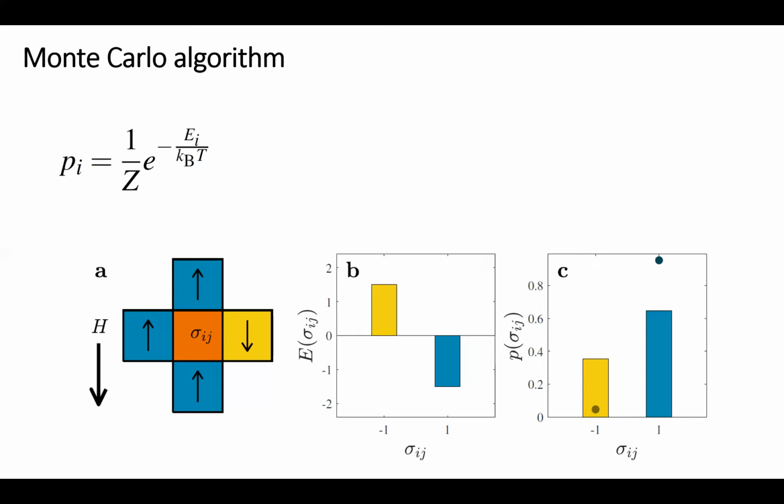So this can be calculated using this formula. Because I only have 2 states here, E minus and E plus, since it can either point up or down, my partition function, which takes care of the normalization, will take the form of this, right? Exponential minus beta, where beta is 1 over kBT, so there is no confusion.